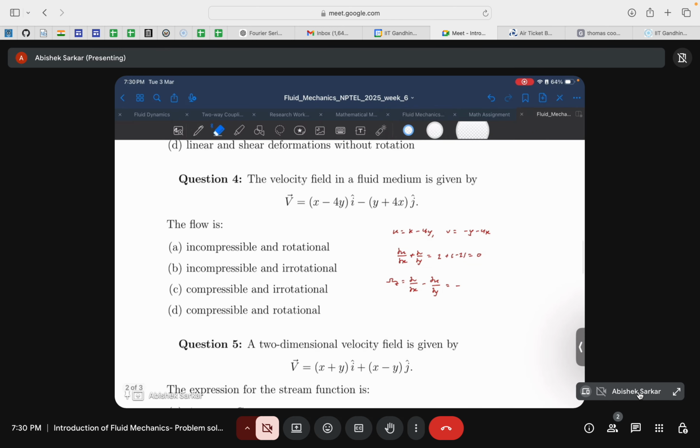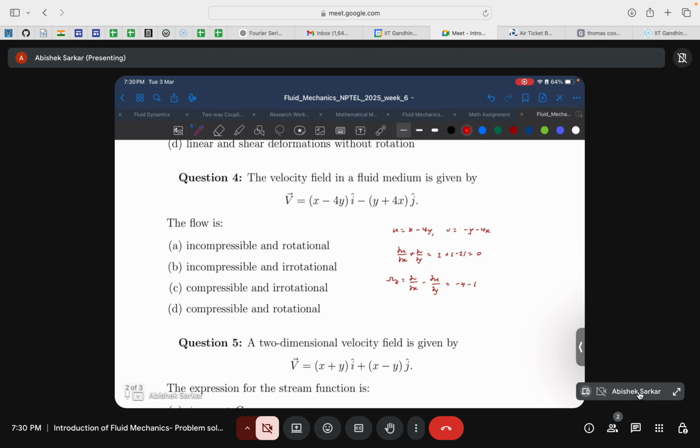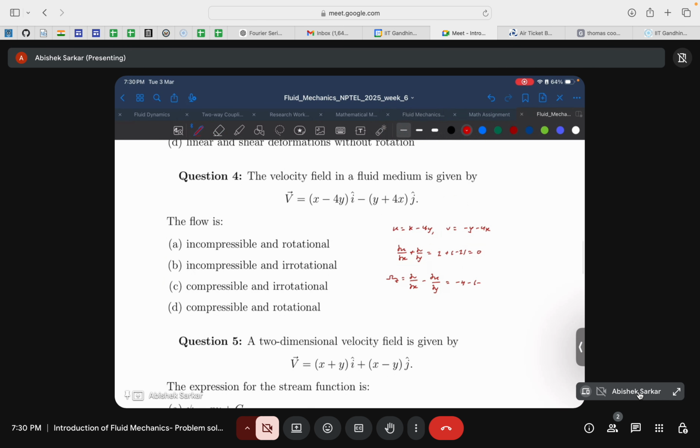So we have dou v by dou x as minus 4 and dou u by dou y is again minus 4. So you can see that this will basically be minus 4 plus 4 equal to 0, so it will mean that the flow is irrotational. So the correct answer would be option number B, that is flow is incompressible and irrotational.